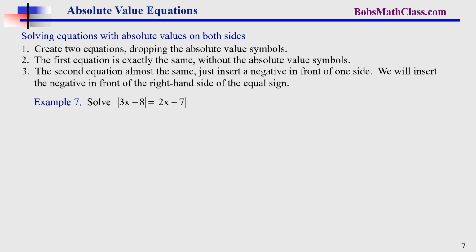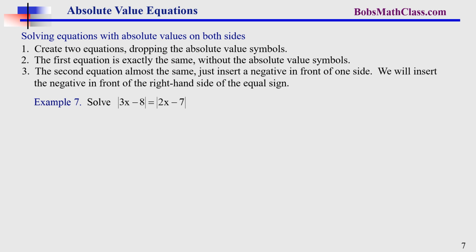Okay, so it's still really the same process. What's different is that on the right-hand side, it's not a positive number. It's an expression. So on our first equation, we just leave it the same. And on our second equation, we put a negative in front. Because it's an expression, we're then going to have to distribute the negative on the right-hand side.